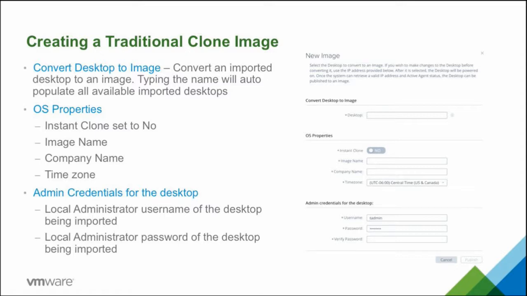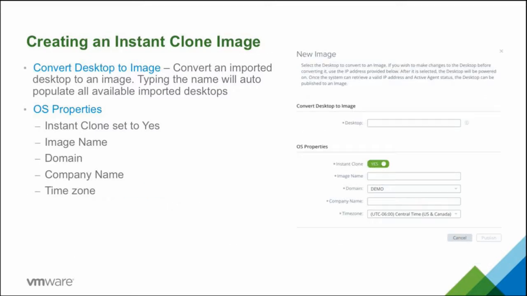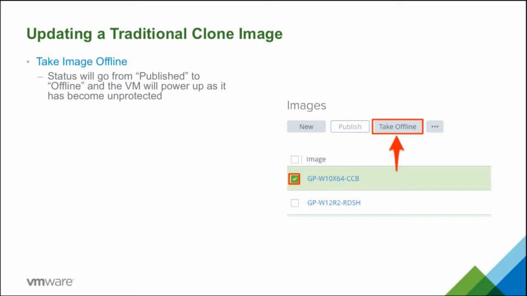So image creation, the process of image creation, is fairly simple to do. With instant clone, you have different options to do that. You can update the images on the fly. So every time we create a new desktop in a pool, we would use the newer image and update. So you have a rolling concept of updating the pools, which makes it very easy and very reliable as well.